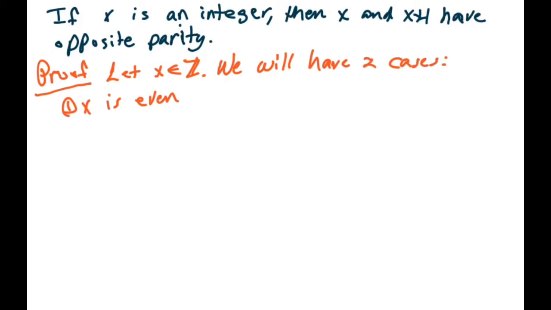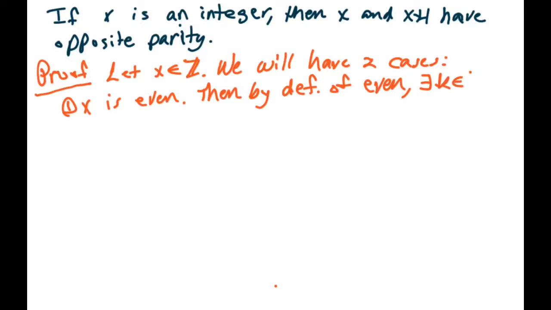It won't matter which case you do first, as long as you do both of them. So if we say x is even, we can say then, by definition of even, there exists a k that's an integer such that x is equal to 2k.